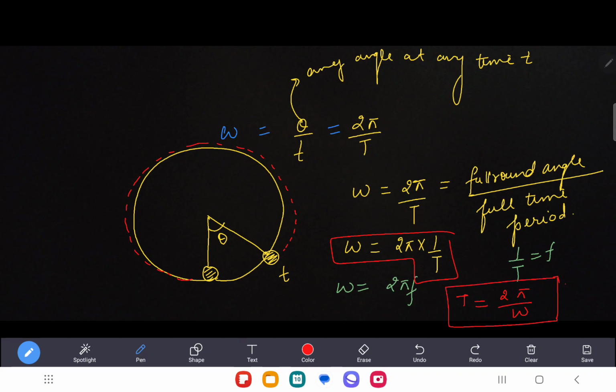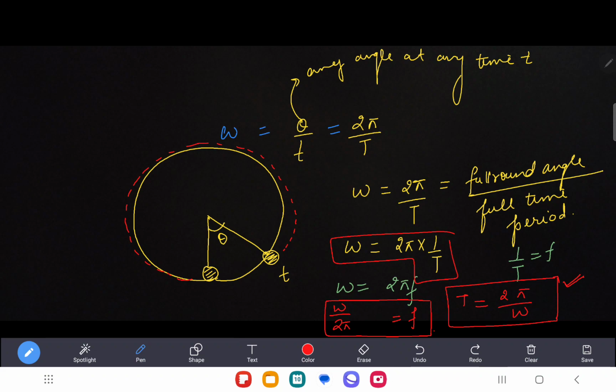Yes or no? And here I can write frequency shall be omega over 2 pi. Understood or not? So this is also one of the parameters that we can write down.